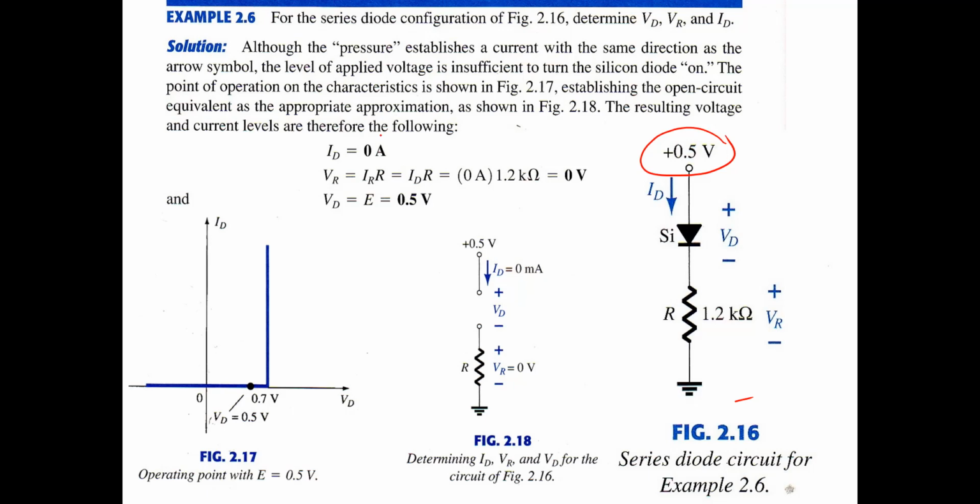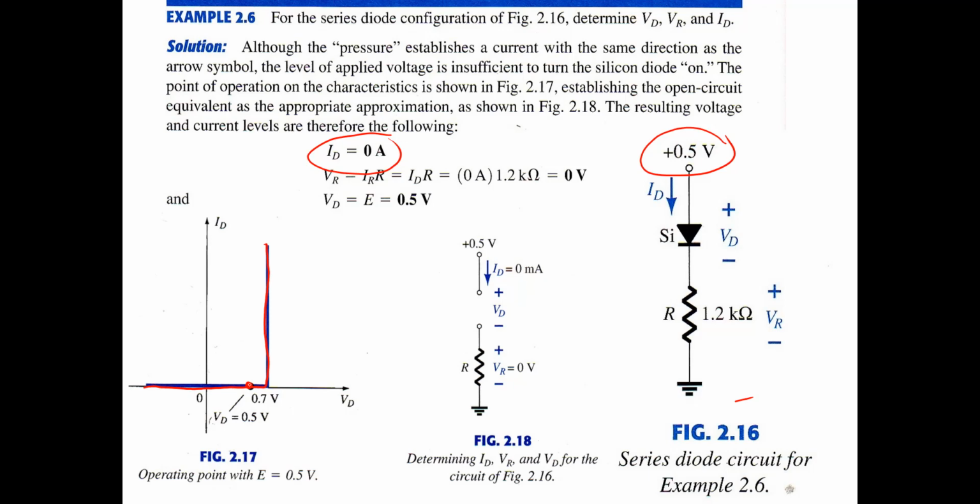So the ID is equal to 0. This is the characteristic of the silicon diode, where Vk is 0.7, and the input voltage is smaller than Vk, so the ID is equal to 0.